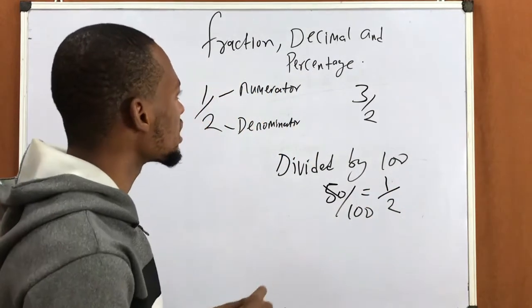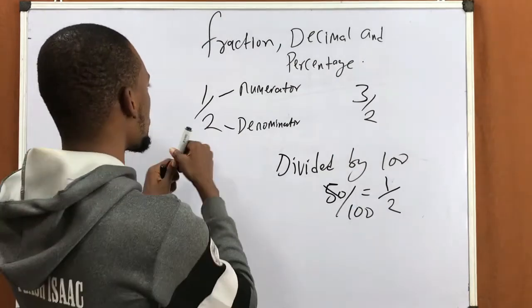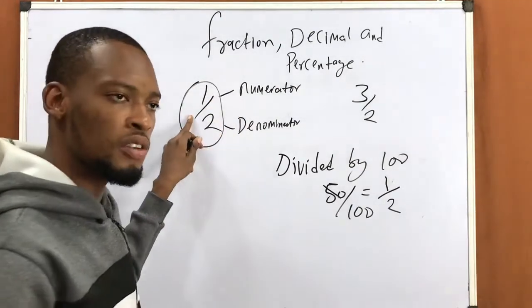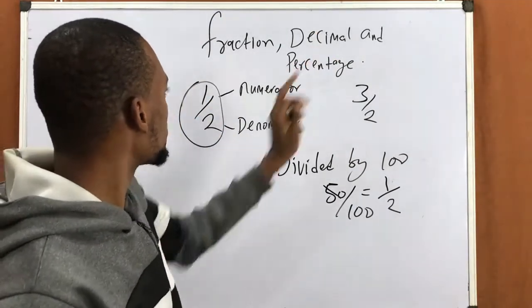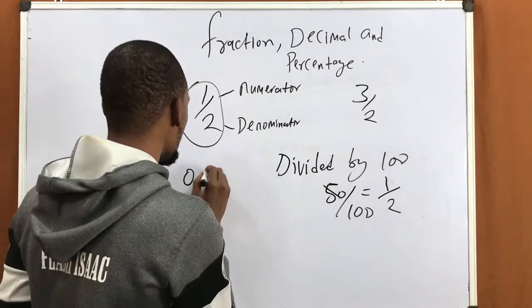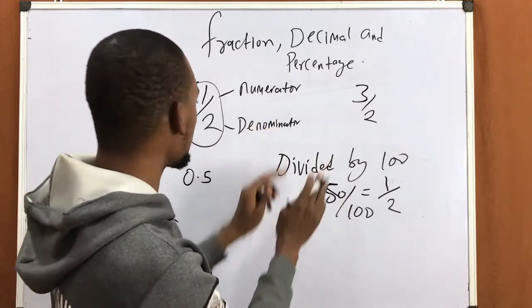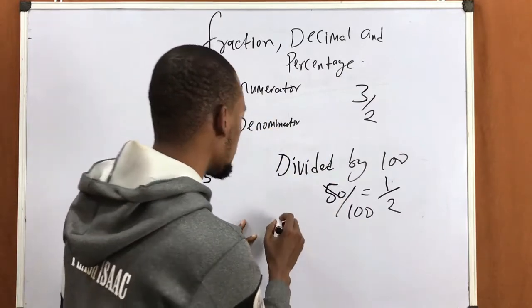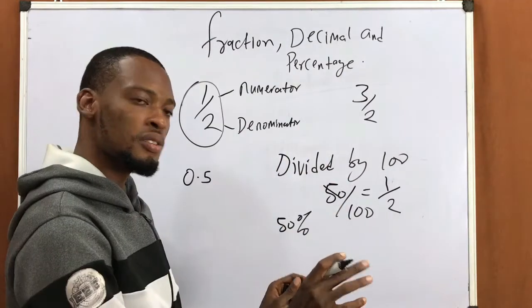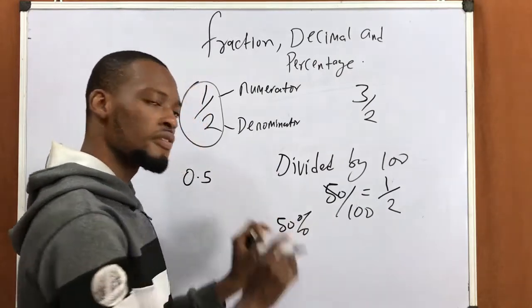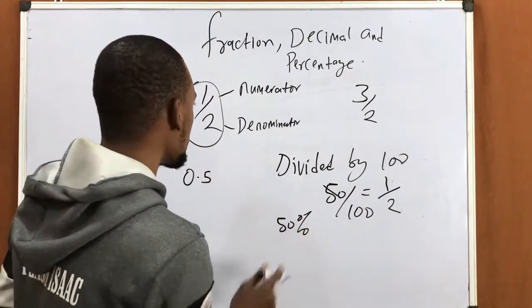So that's 50%. So now let's say the fraction half. This is half, 1 over 2. Then in decimal, half is 0.5. That's what half is. In percentage, half is 50%. So half of the 100% is 50%. So this is half in percentage.